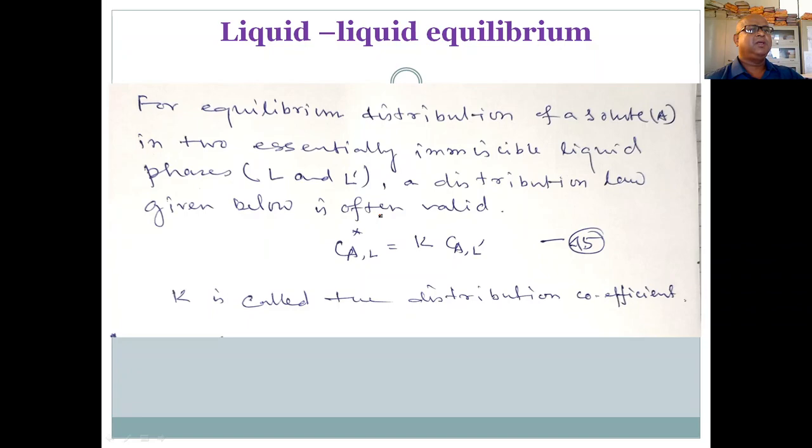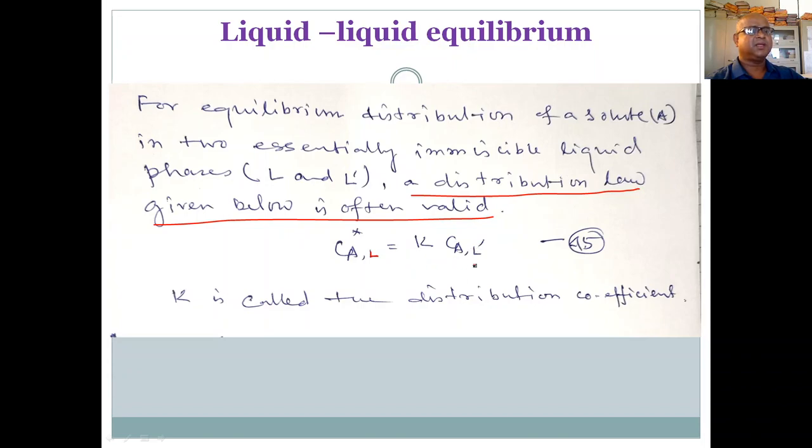Similarly, for liquid-liquid equilibrium, for the equilibrium distribution of solute A in two essentially immiscible liquid phases L and L dash, the distribution law is given by this, where K is the ratio of the concentration of A in one liquid phase L to the concentration of A in the other liquid, L dash.